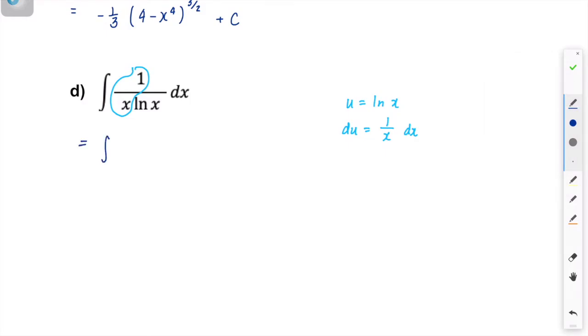That means this can be turned into 1 over u du, which is ln of u, which is ln of x, plus c. So we have the absolute value of ln x, plus c.